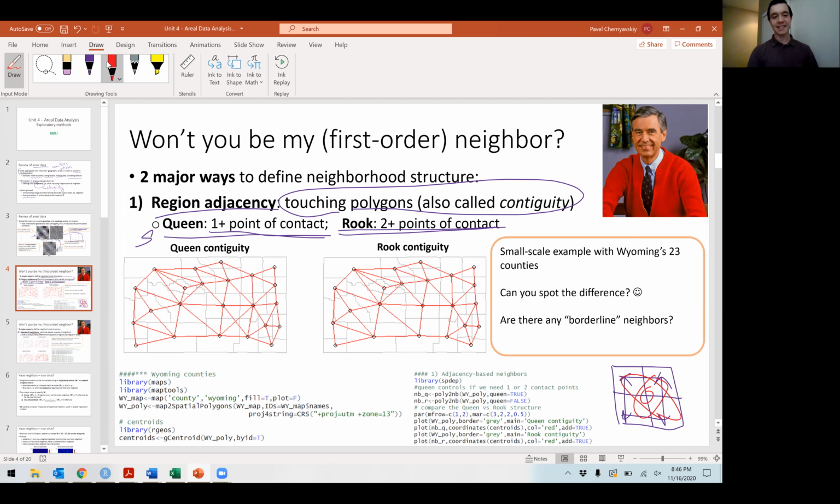There we go. That is the exactly one point of contact that is accommodated by the queen and will not be accommodated by the rook.